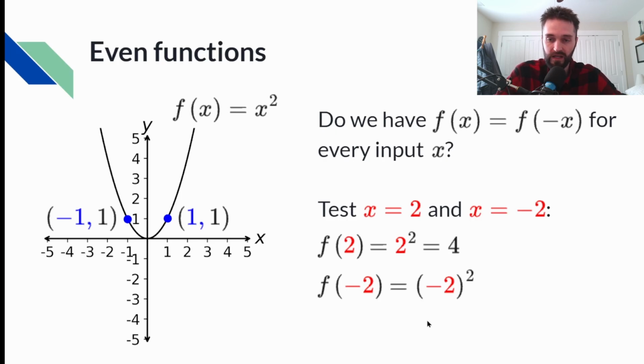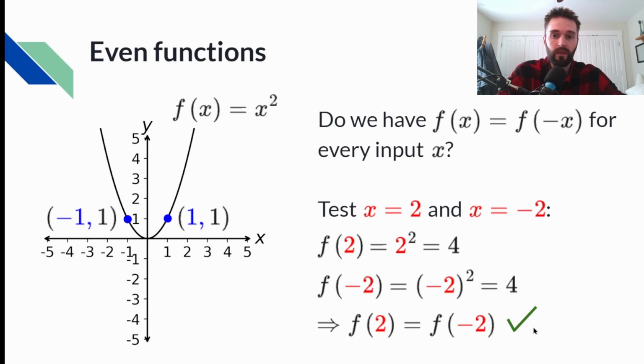Negative 2 squared is negative 2 times negative 2, which is equal to positive 4. So they're both equal to 4, which means that f of 2 is equal to f of negative 2. Do we have this equation satisfied for x equals 2? The answer is yes. This equation is satisfied.